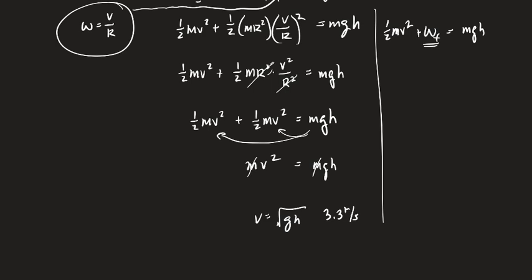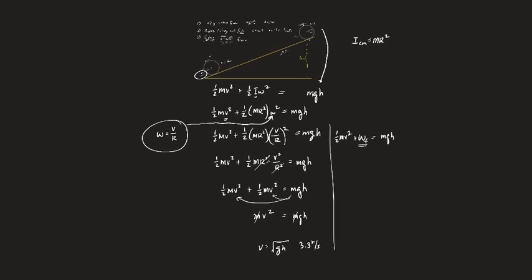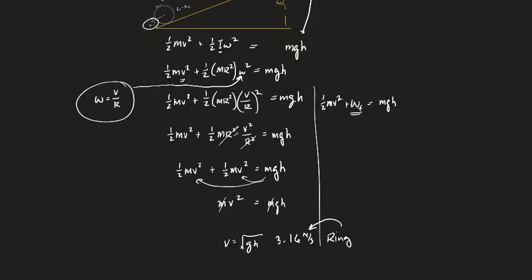Can you repeat this real quick for a disk and prove the disk gets down there faster? Not a whole lot different to do, right? You're just changing one thing. Instead of mr squared, it's going to be what? 1/2 mr squared. That's right. That's the only difference.